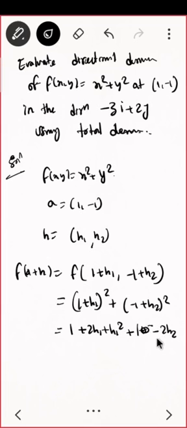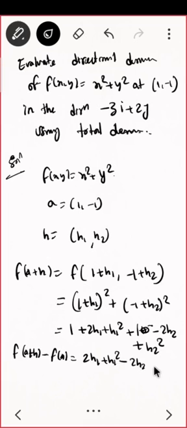Minus 2h2 plus h2 square, correct? This is f of a plus h. So I have to calculate f of a plus h minus f of a. If you take minus f of a, f of a will be 1 and 1, so these two cancel. I'll be having only 2h1 plus h1 square minus 2h2 plus h2 square.